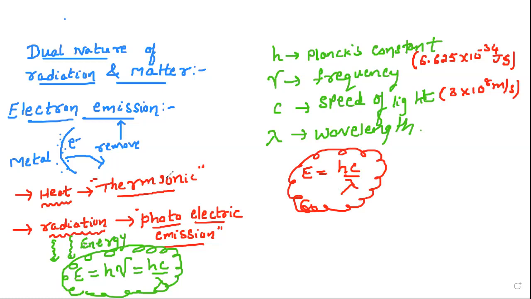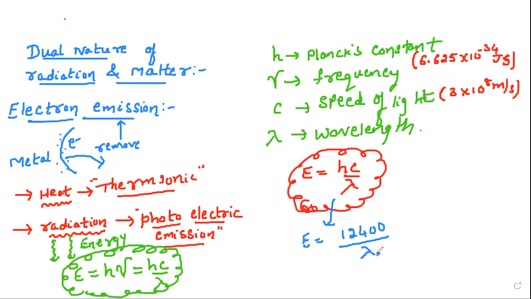But please remember, for the competitive level, instead of using this hc by lambda, you simplify after substituting the h, c values. Please remember this number: 12400. Energy is 12400 divided by lambda.